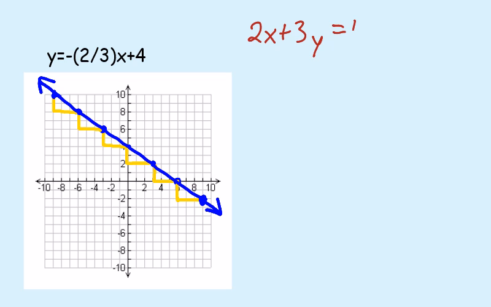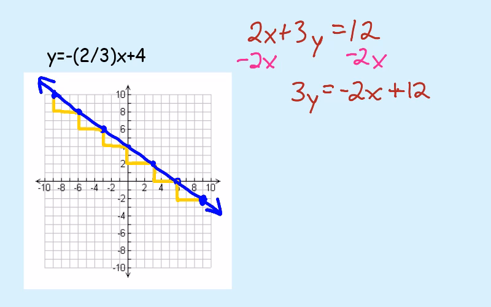Now let's say that we started with a standard form of 2x plus 2y equals 12. And you can see here I'm solving how to get from the standard form to the slope-intercept form. And all I'm doing is solving for y.